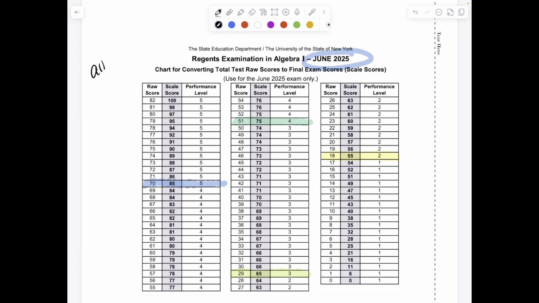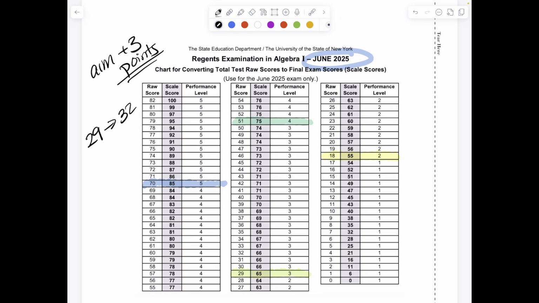aim for maybe plus 3 points, because you don't know what the scale is going to be. It could change. Instead of saying, oh, I only need to get 29 points to get to a 3, add 3 points to that.